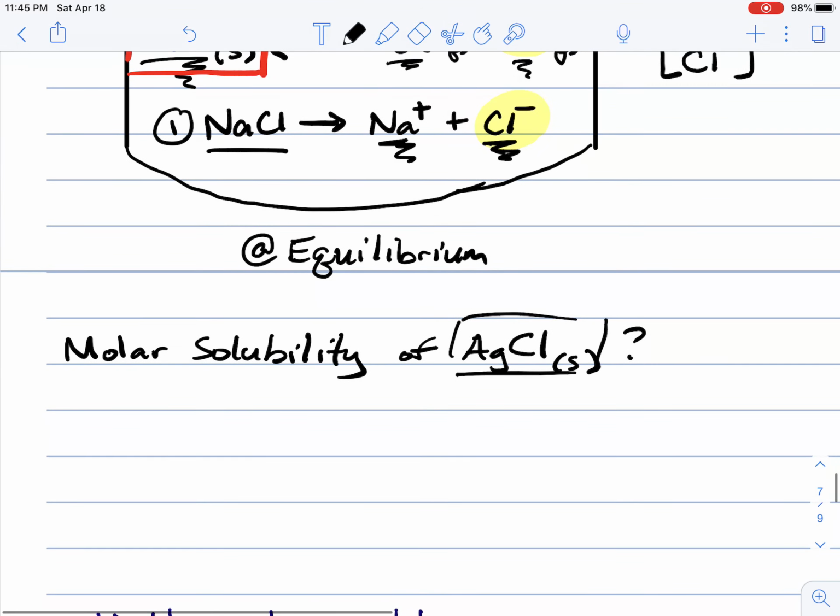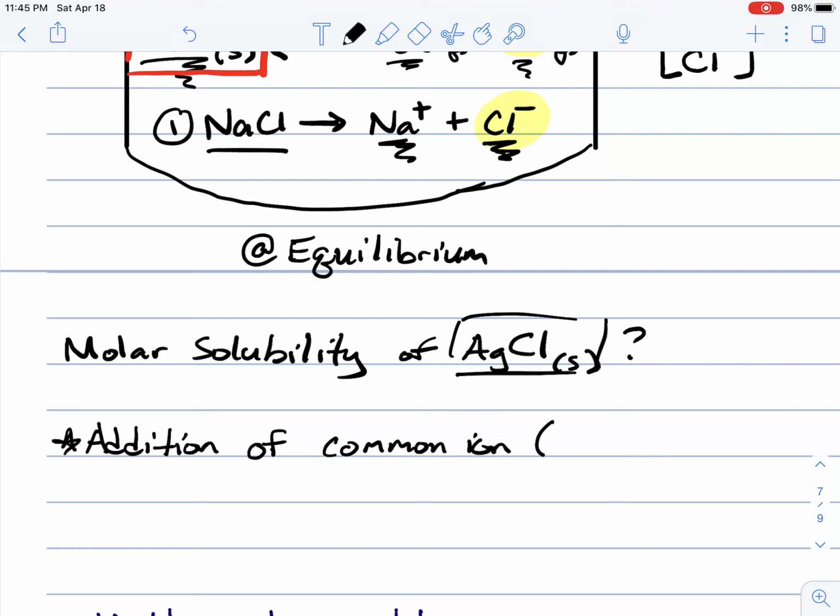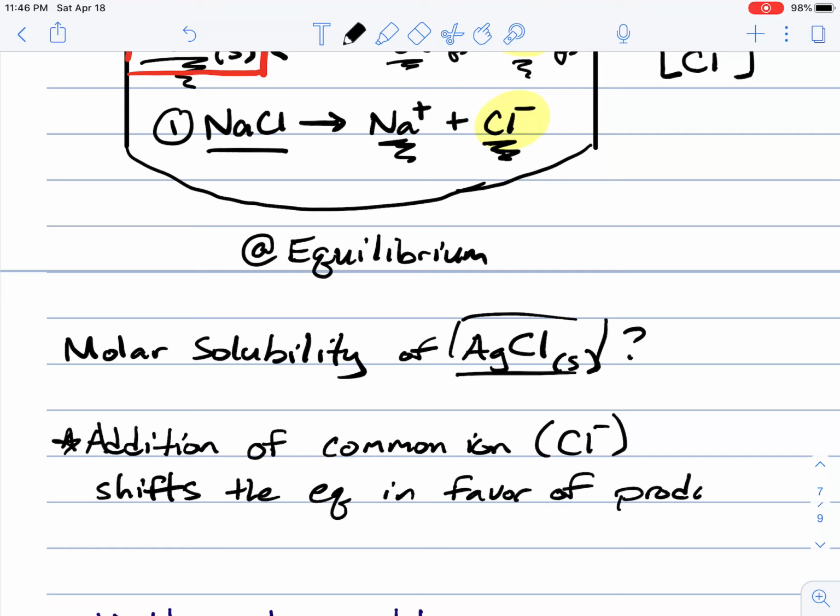So I'm just going to go ahead and put in here that the addition of the common ion, in this case it was the chloride ion, shifts the equilibrium in favor of production of silver chloride.